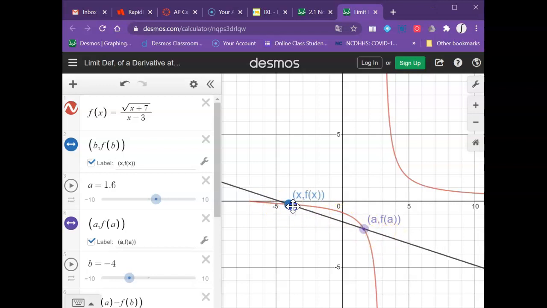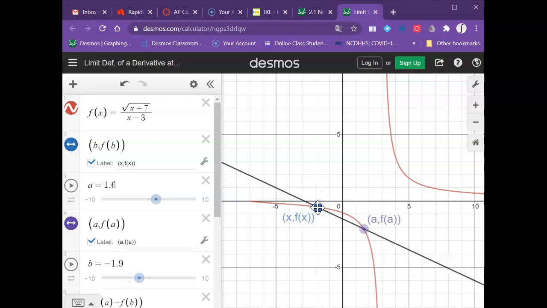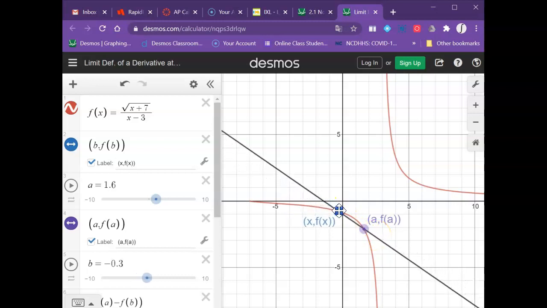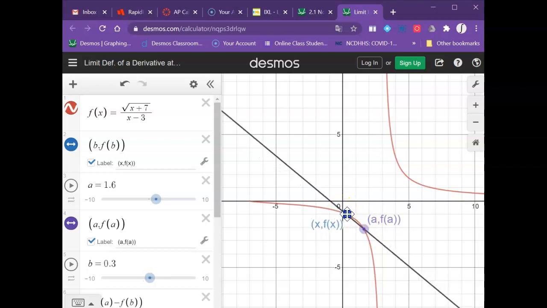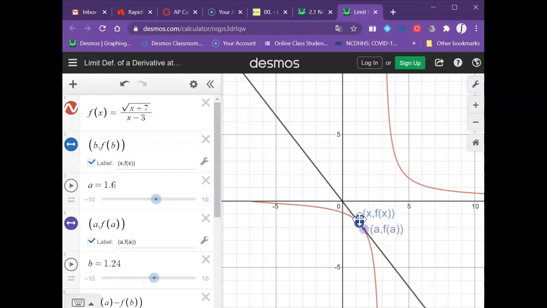But then it'd be a little bit better if I moved this point a little bit closer. Finding the slope between these 2 points would be even better. If I move x a little bit closer, then it would be even better. See how close we're getting to the slope at that line. And then a little bit closer, and a little bit closer.